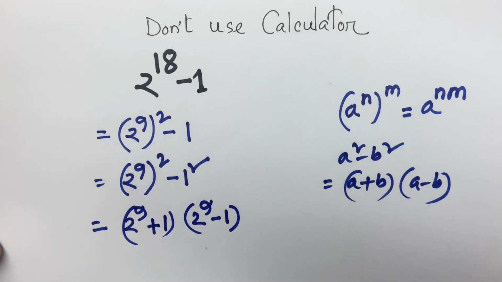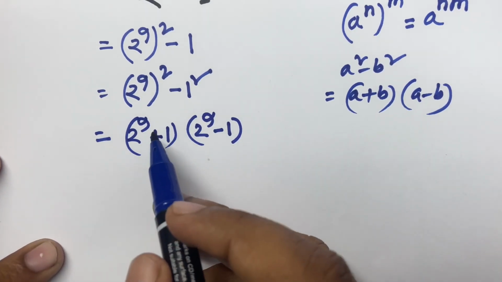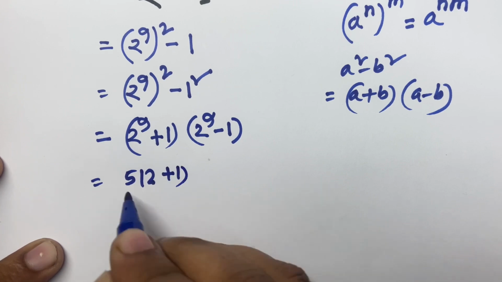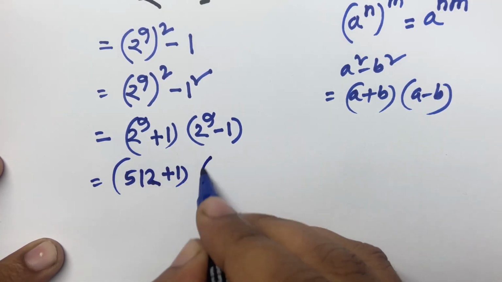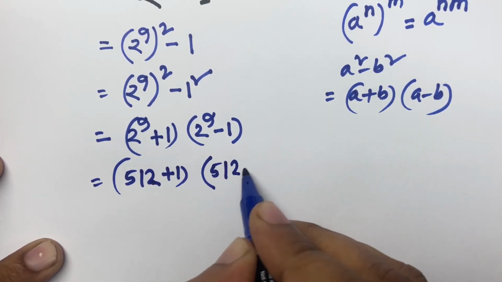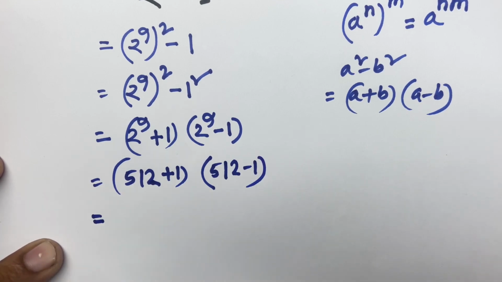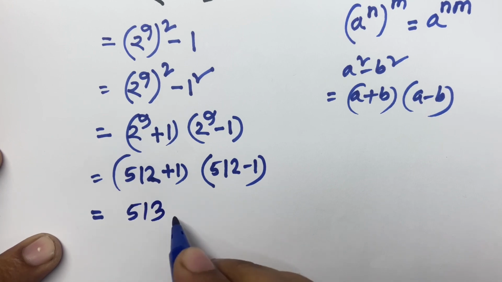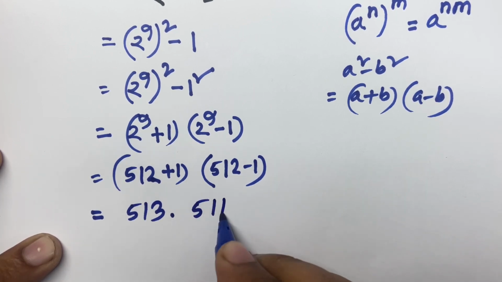Now I can say 2 to the power 9 equals 512, plus 1, and here 2 to the power 9, I can say easily 512 minus 1. Now 512 plus 1 is equal to 513 times 511.